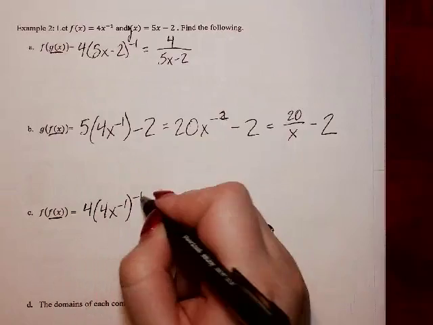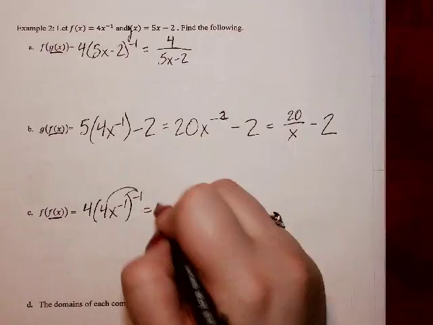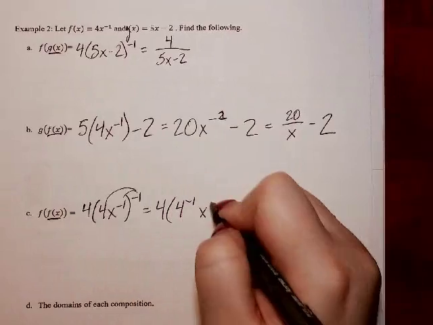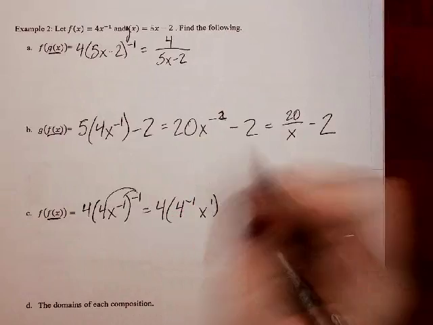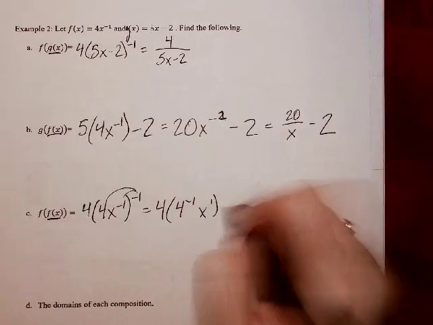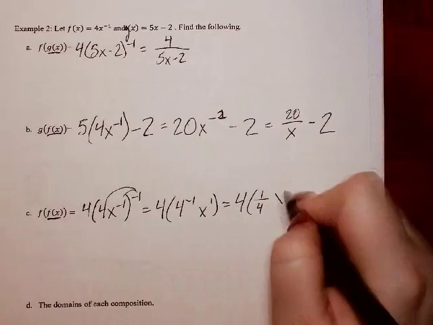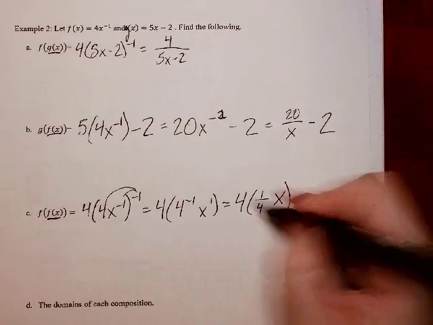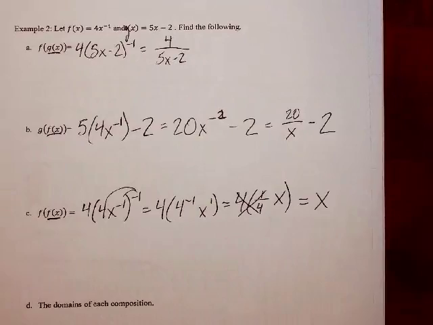Because we're multiplying here, we can distribute this out. 4 times 4 to the negative 1 times x to the negative 1 times negative 1, which is a positive 1. So the negative means it goes in the bottom of a fraction. So I get 1/4, and then x stays just like that. 4 times 1/4 cancels, and I just get x.